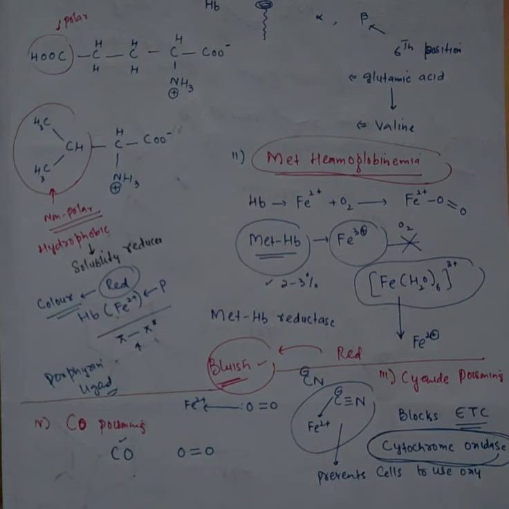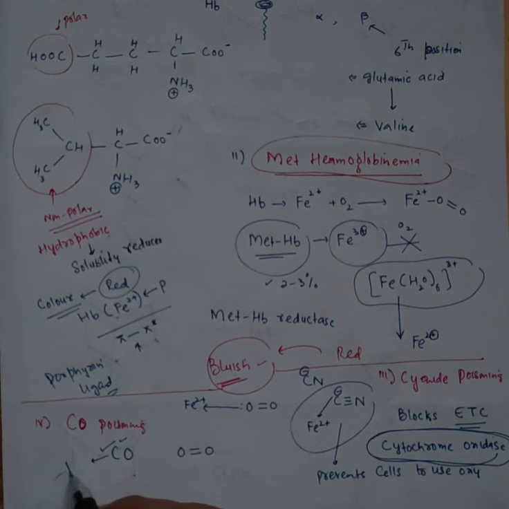So if both gases are present and a human being inhales them, oxygen also. Now this carbon monoxide has a very, very strong affinity to bind with the hemoglobin. Its affinity to bind with the hemoglobin, that's iron 2, is almost 200 times more than oxygen.